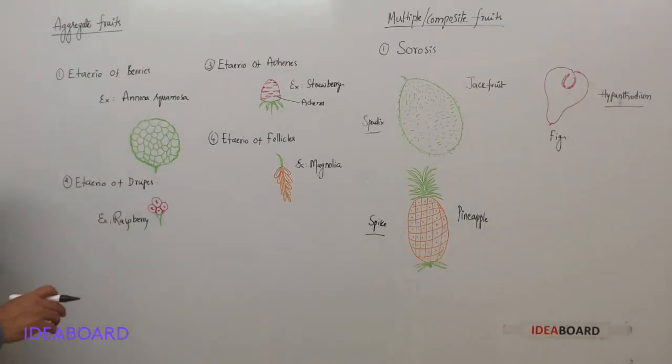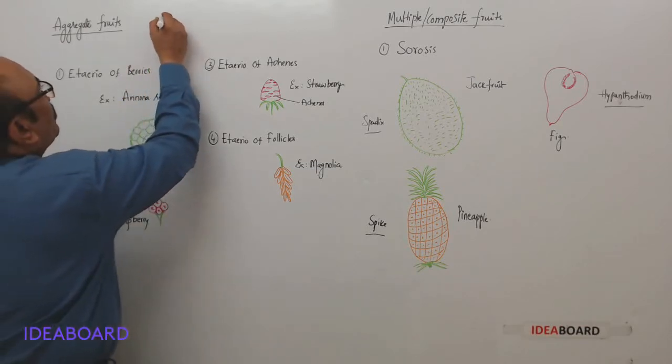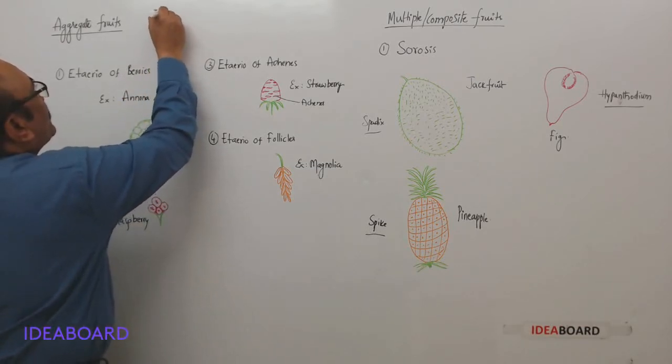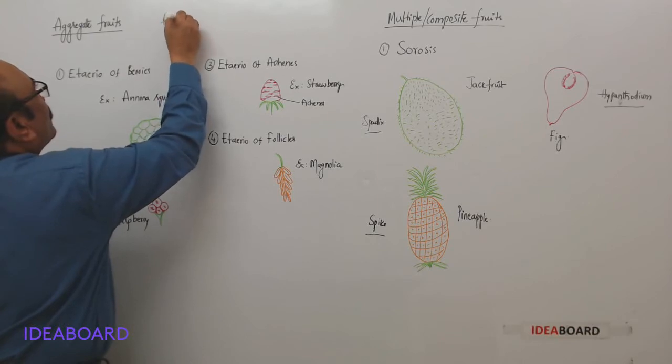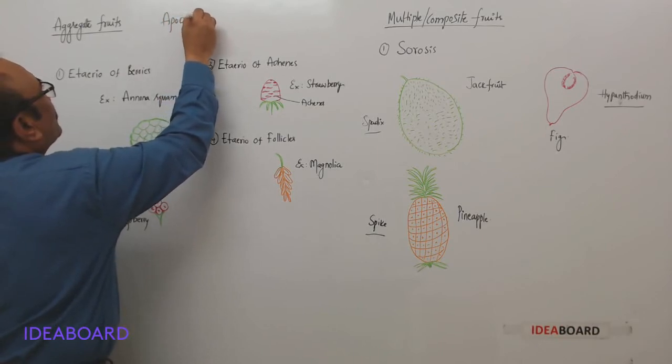So now let us discuss the second category of fruits, aggregate fruits. These aggregate fruits develop from apocarpous gynoecium.